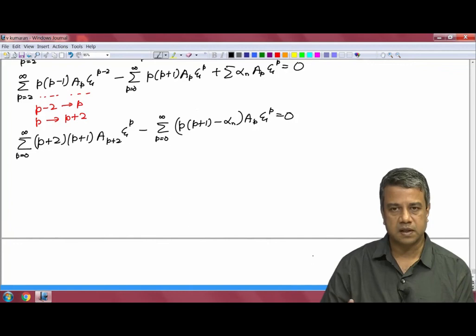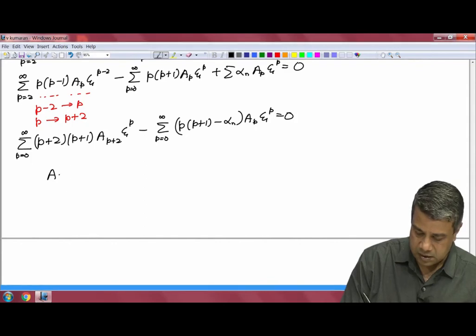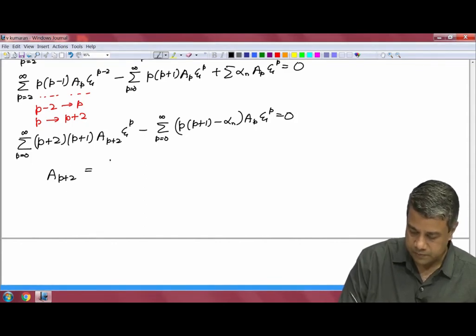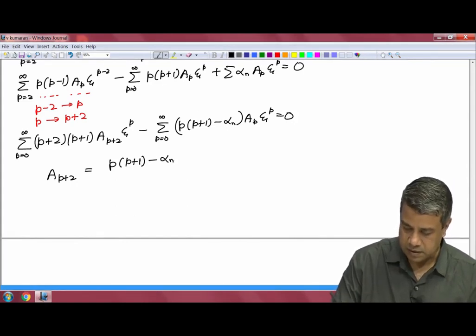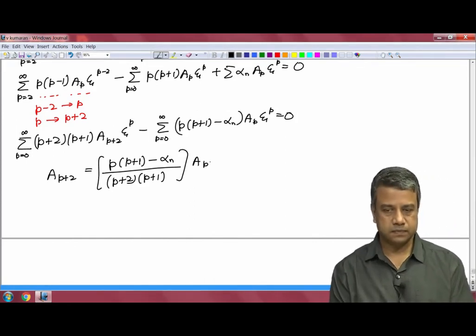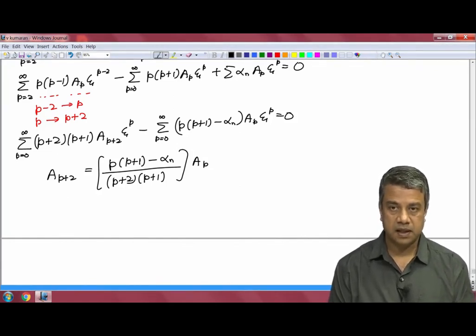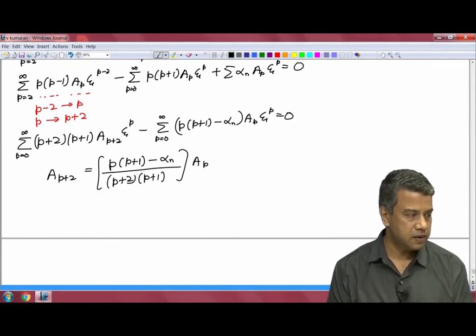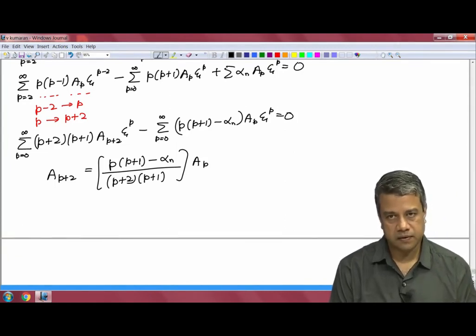If I say that coefficients of equal powers of p are equal, then I get a p plus 2 is equal to p into p plus 1 minus alpha n by p plus 2 into p plus 1, this whole thing into a p. So, if I know a p, then I can find out a p plus 2. If I know a p plus 2, I can find out a p plus 4, and if I know a p plus 4, I can find out a p plus 6.